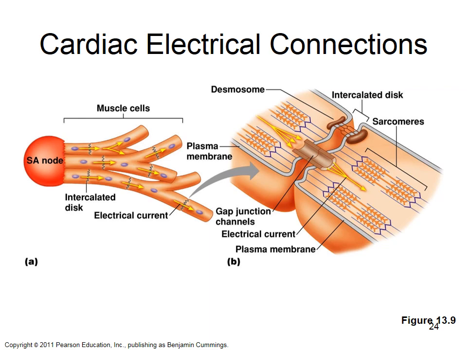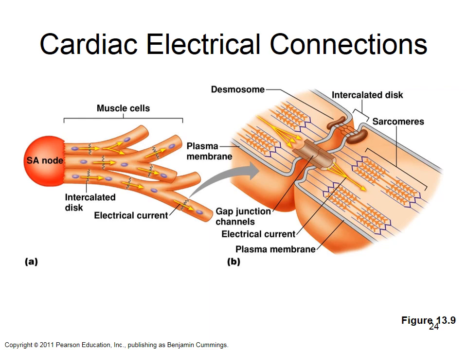And I know they're contractile cells because they have sarcomeres, which are made up of thick and thin filaments, which should look familiar to you because we talked about sarcomeres when we talked about skeletal muscle, right? What is different between cardiomyocytes and skeletal muscle is the fact that those adjacent muscle fibers are connected to one another via gap junctions and desmosomes. And together, the desmosomes and gap junctions are called intercalated discs.